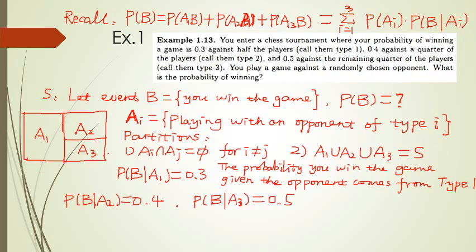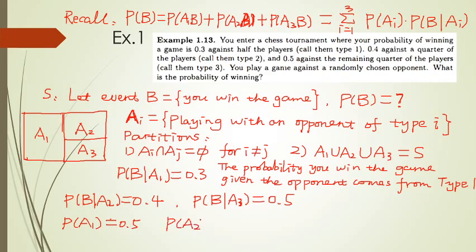And then we need the probabilities of A1, A2, A3. What does this probability A1 mean? This means playing with an opponent from type 1. If you have the chance to play with a player from type 1, what is the probability? Half of the players come from type 1.